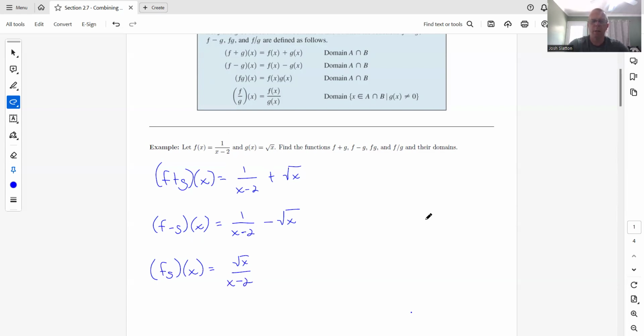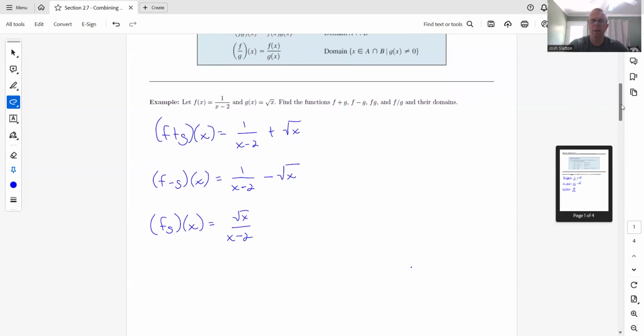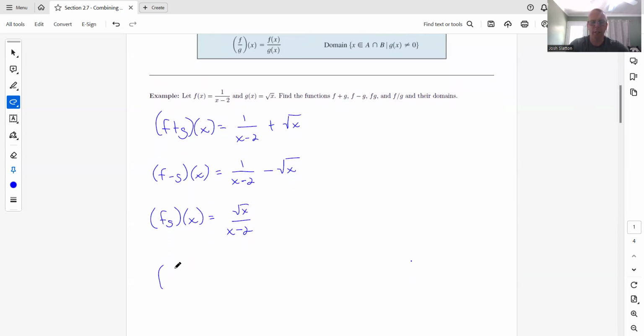And then the last one, division. So f divided by g of x. This would be 1 over x minus 2, and we'll put that in parentheses. That's our numerator, over the square root of x. Now, this is something you certainly want to be able to do pretty easily, is simplify a complex fraction like that.